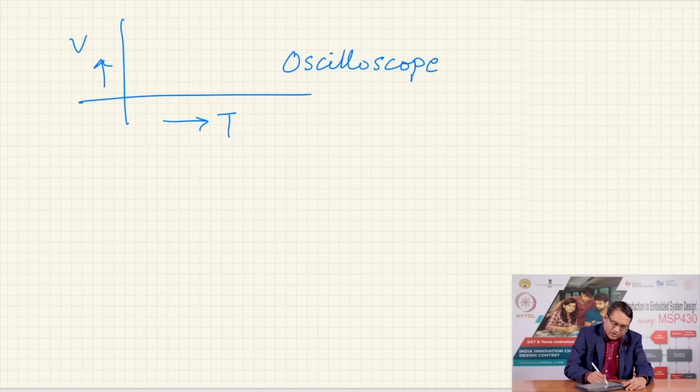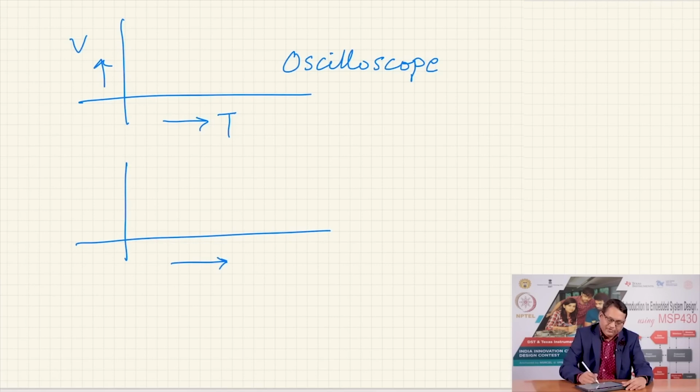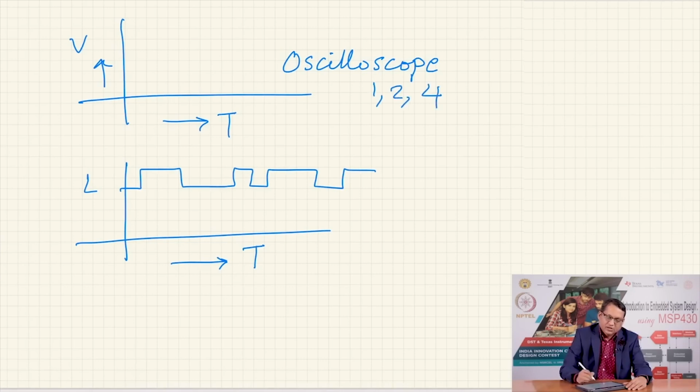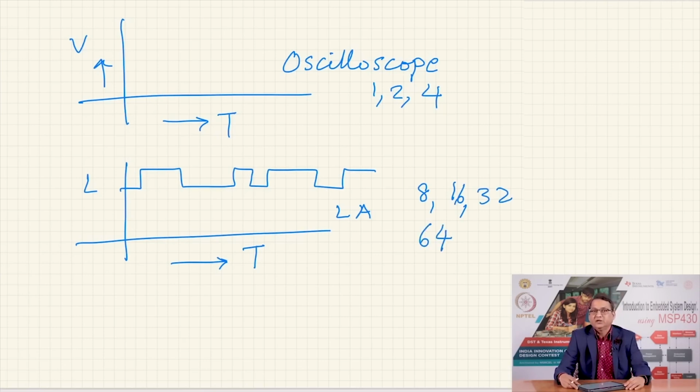On the other hand, a logic analyzer allows you inspection as a function of time, but of logic levels. So you can look at a signal and it will show you the waveform. And unlike an oscilloscope, which usually has 1, 2 or 4 channels, a logic analyzer, this is the oscilloscope and this is the logic analyzer, will give you 8 or 16 or 32 or 64 simultaneous signal observation capability.